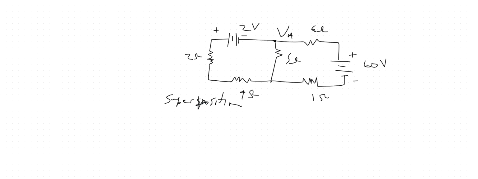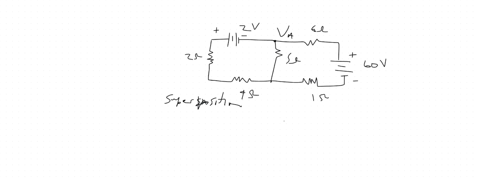Okay. In other words, let's do it. Remember, they say always short circuit the voltage source and open circuit the current source. So in this case, we're going to short circuit the 60 volts and use the 2 volts only.